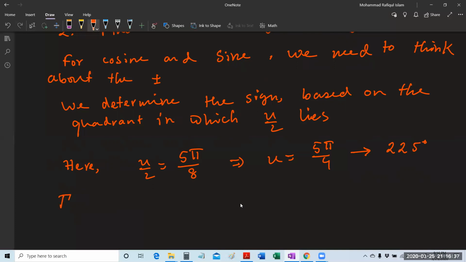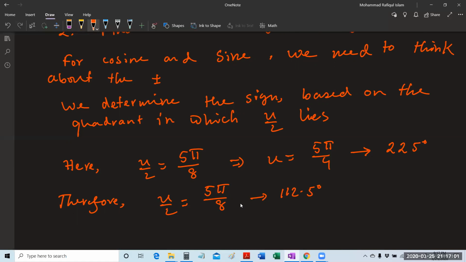Therefore u by 2, that means 5 pi over 8, this is equivalent to, not 125, it's 112.5 degrees.